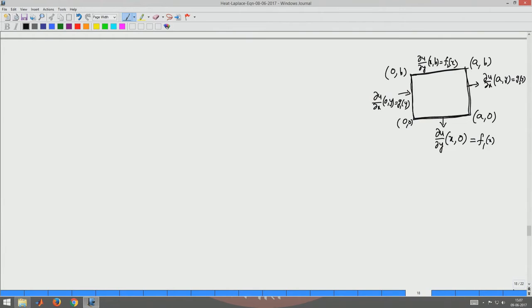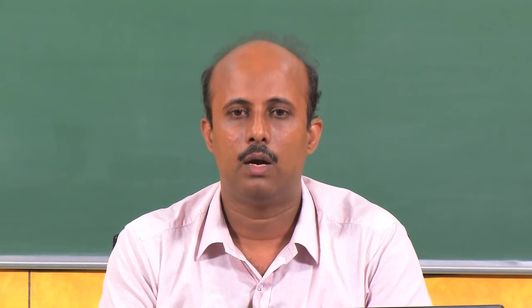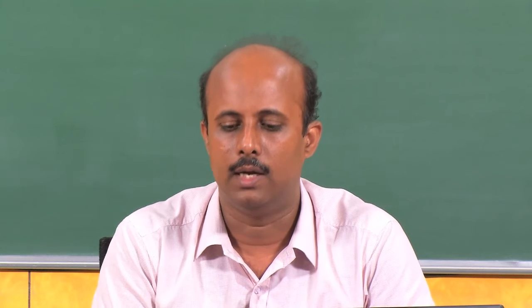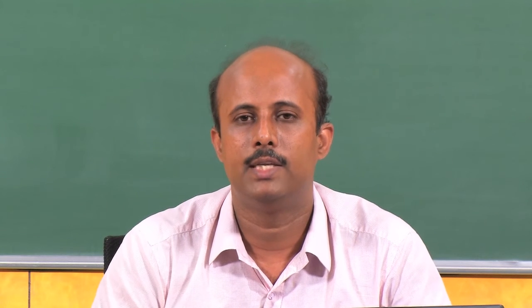If you really want a steady state of a heated plate, you should not have a source, so net heat either going outside or coming inside should be 0. No exchange through this boundary; heat should not go out or enter the plate. In that case you can reach the steady state.